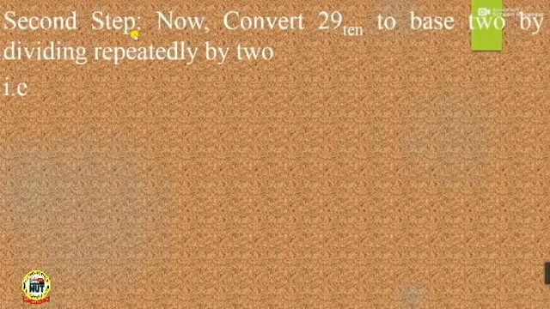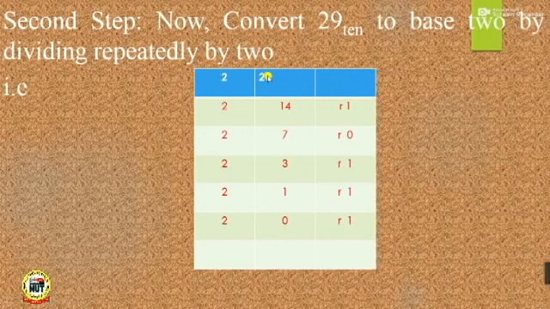Alright, second step. Now, convert 29 base 10 to base 2 by dividing repeatedly by 2. That is, this is our 29 and this is the 2. So 2 into 2 gives us 1. In other words, 2 divided by 2 gives us 1.